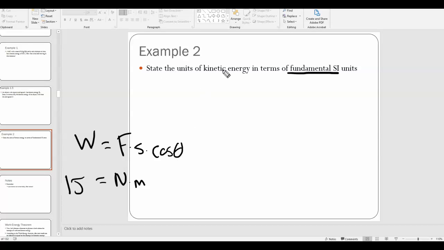All right, so I can answer this question using my kinetic energy equation, because kinetic energy is also in joules. I can take this equation. I know EK is in joules, and I can plug units into the right side. So 1/2 times the unit for mass, which is kilogram.